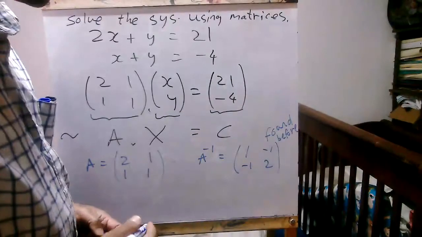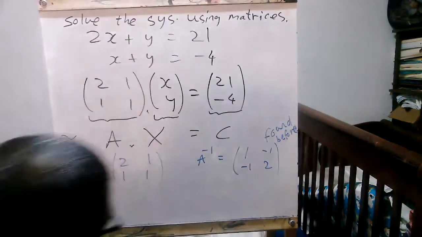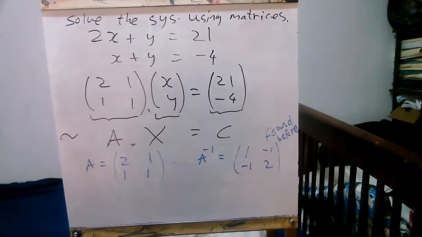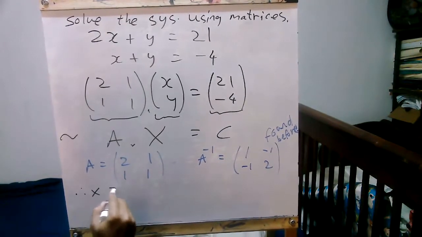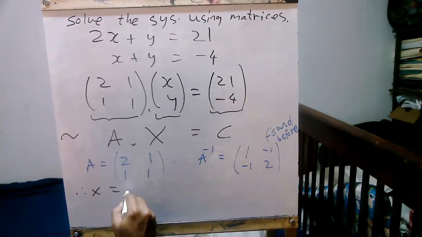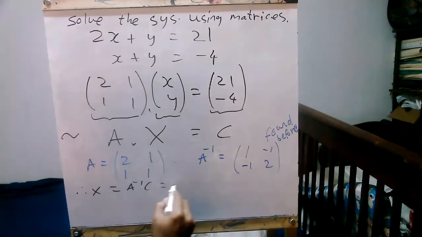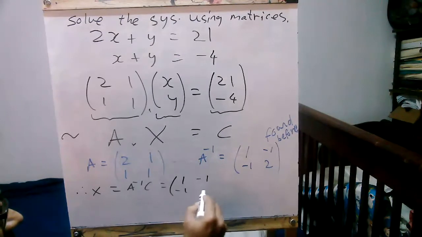Okay. This matrix we found before. Now, to get x, all we have to do is, therefore x equal to A inverse C, which is 1, negative 1, negative 1, 2.